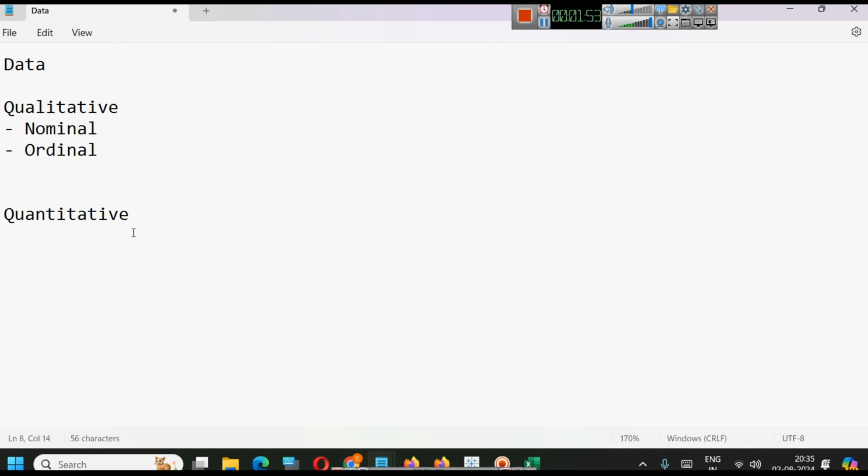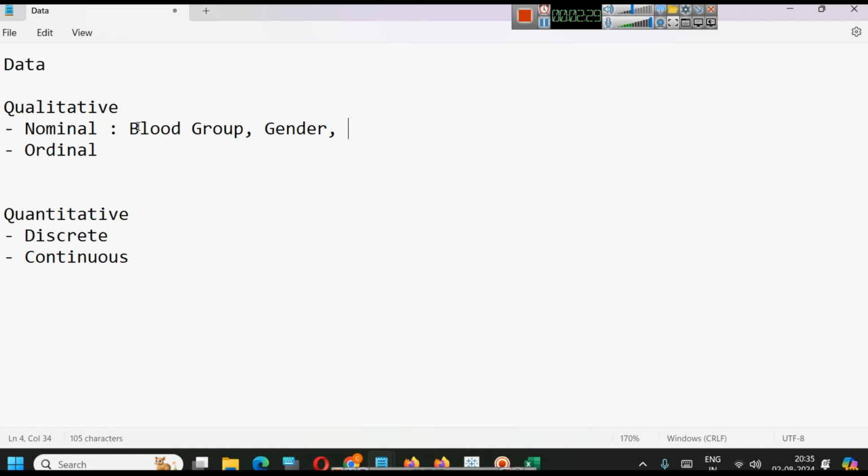And quantitative data is also of two types, that is discrete and continuous. Now nominal variables are variables like blood group, gender, or something which has only a definite set of values.